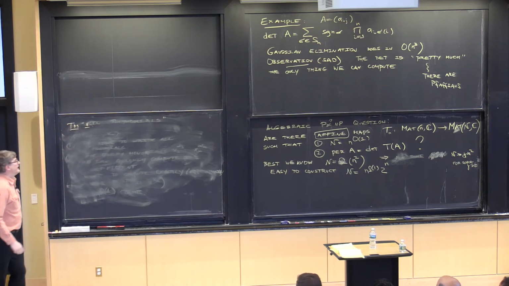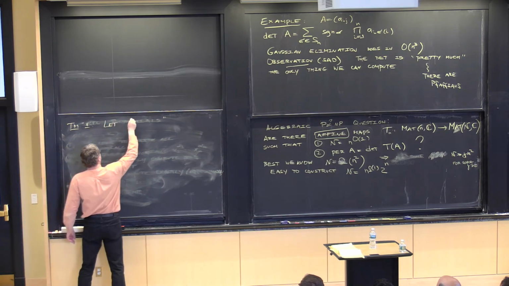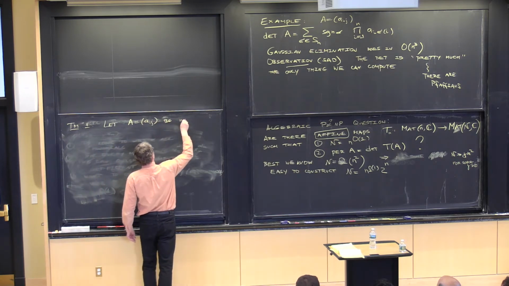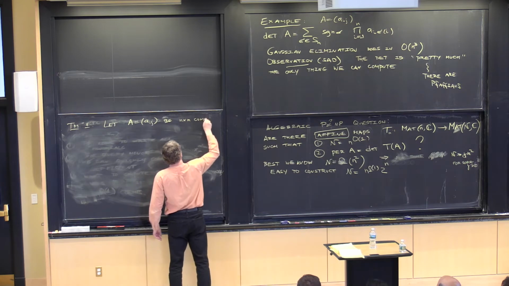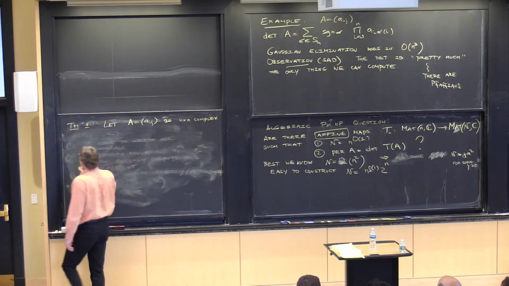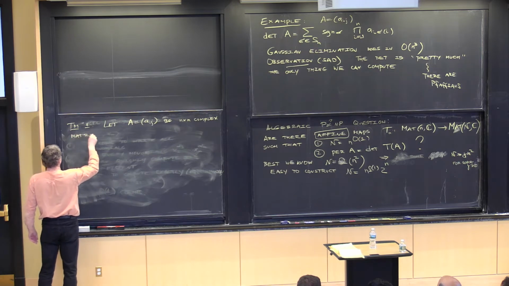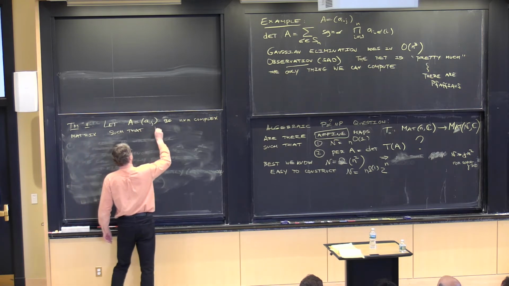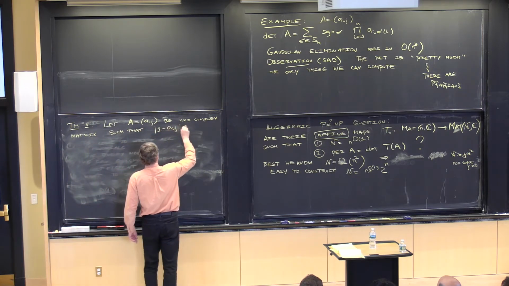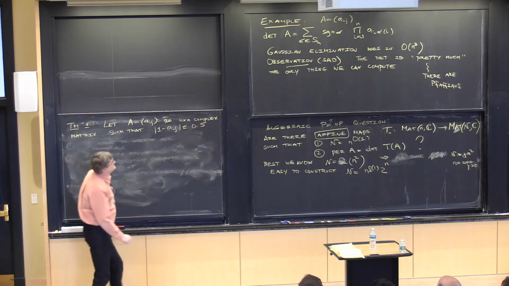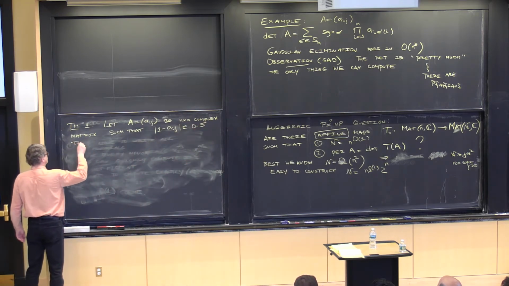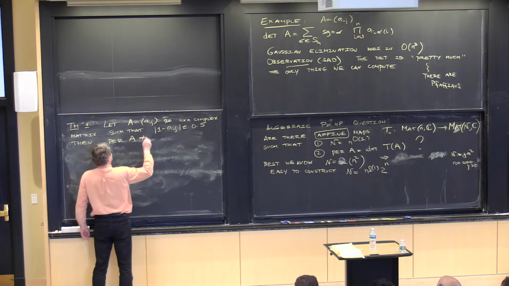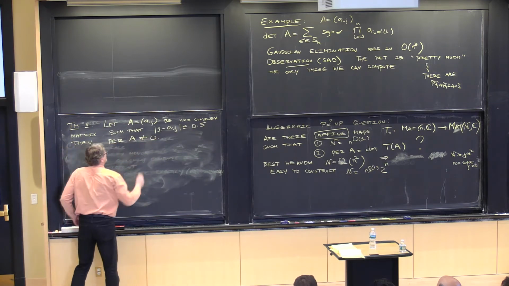Theorem 1 says that let Aij be n by n complex matrix such that all entries are within distance 0.5 from 1. So then the permanent of this matrix is non-zero. So that's one theorem.